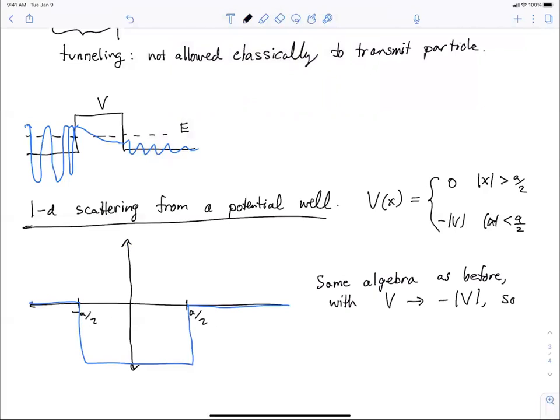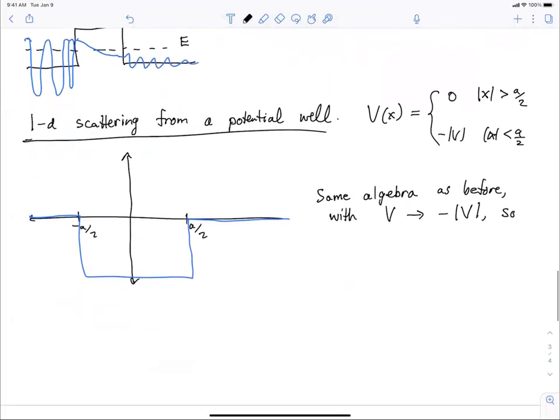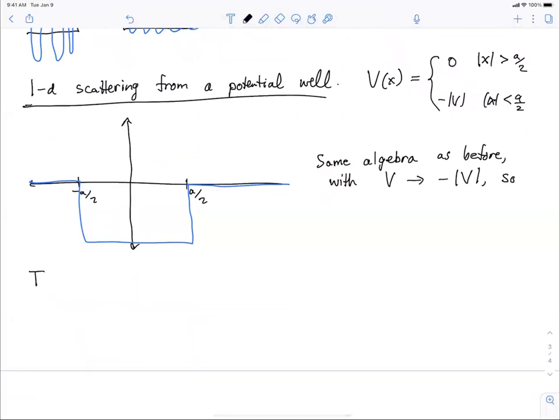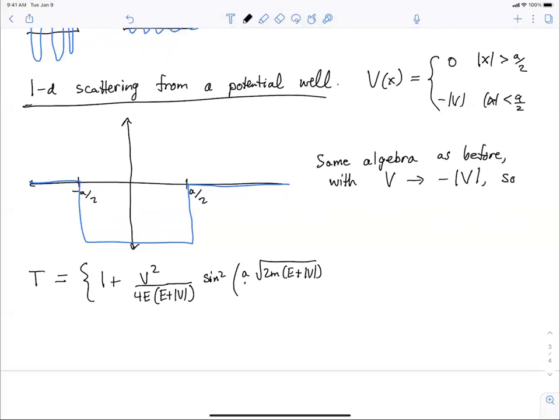And so we can just go ahead and write down without further ado what the transmission coefficient is. 1 plus V squared over 4E, E plus V, sine squared. Okay, instead of E minus V, it's E plus V in absolute value. And then the reciprocal of the whole thing.